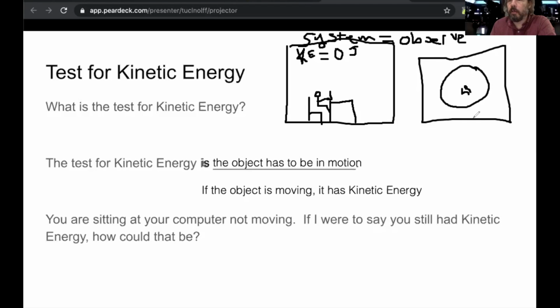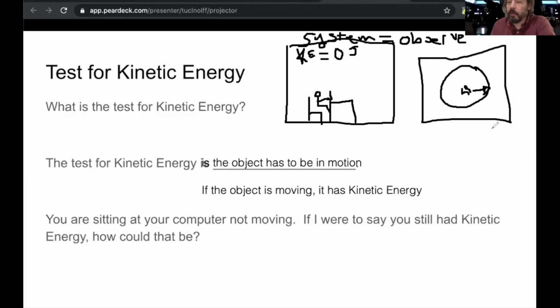are you moving now? Do you have kinetic energy? What do you think? Are you moving? Does the earth not rotate?